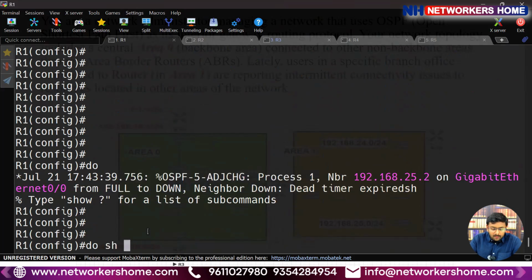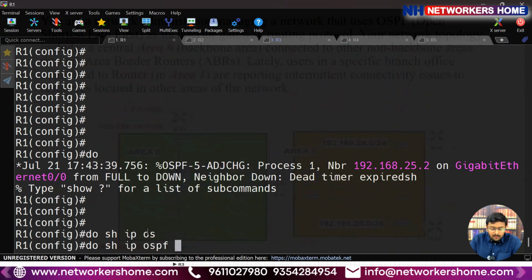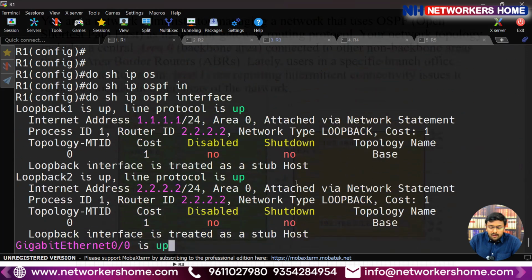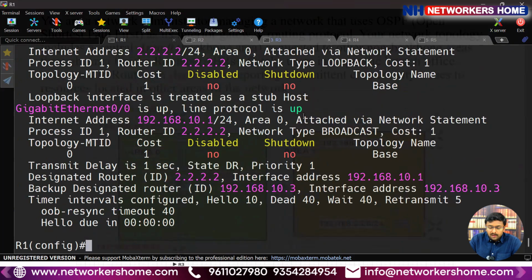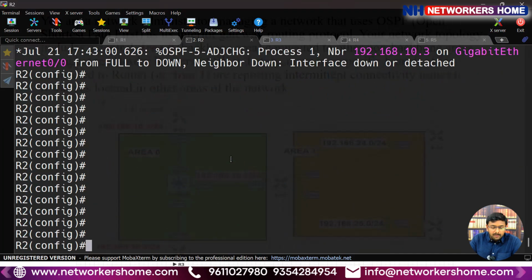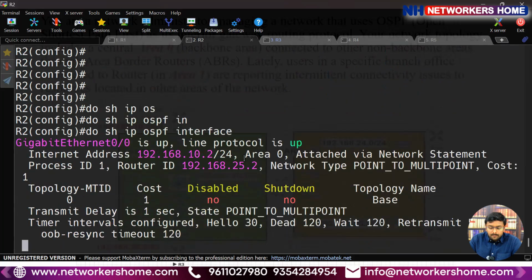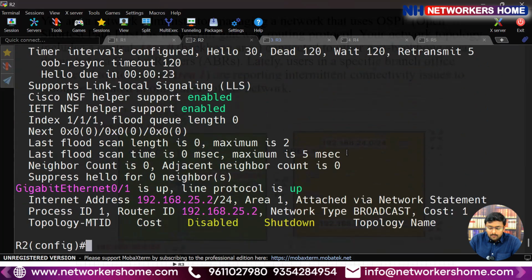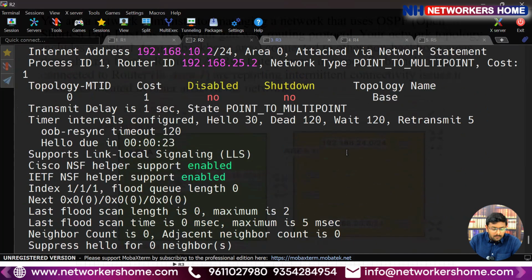Now do show IP OSPF interface first. So it is telling you broadcast type. But when we check on the router 2, as we have changed that, do show IP OSPF interface. Point to multipoint.